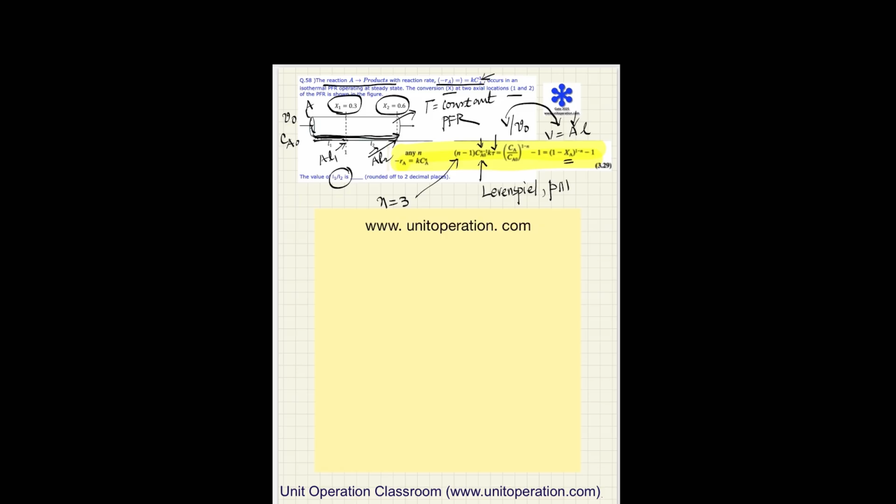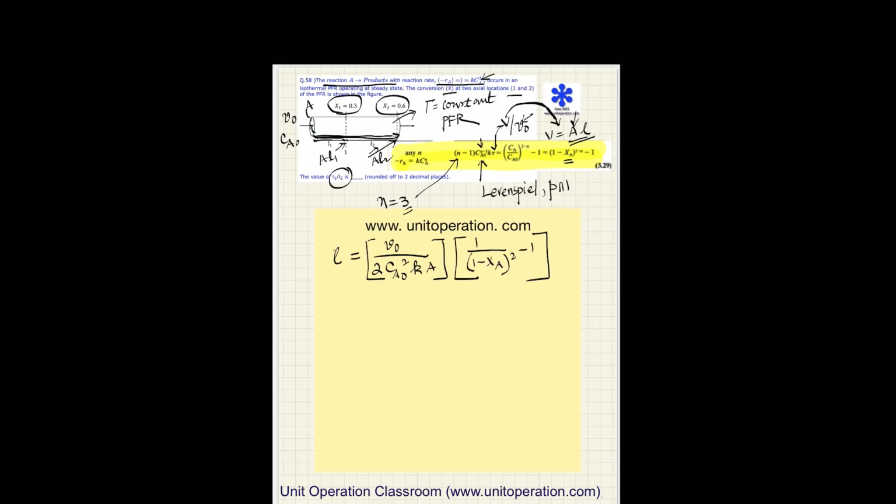So if we put that, we can rewrite the equation, and for tau we are putting V over V0, and V0 is the volumetric flow rate, which is constant, and the volume of the reactor up to that point is written as cross section multiplied by the length of the plug flow reactor up to that point.